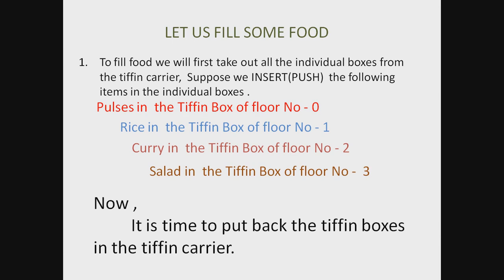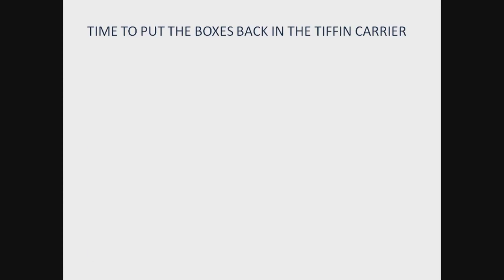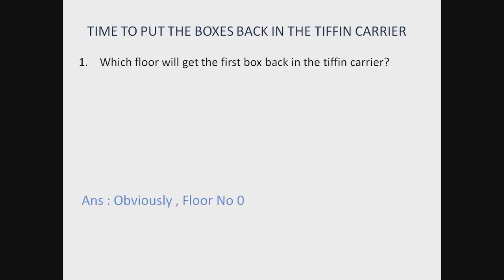But our question is, do you understand and can you answer which is the first box that is to be put back in the tiffin carrier? Obviously, the first box would be floor number 0. The first box would be the box of floor number 0.